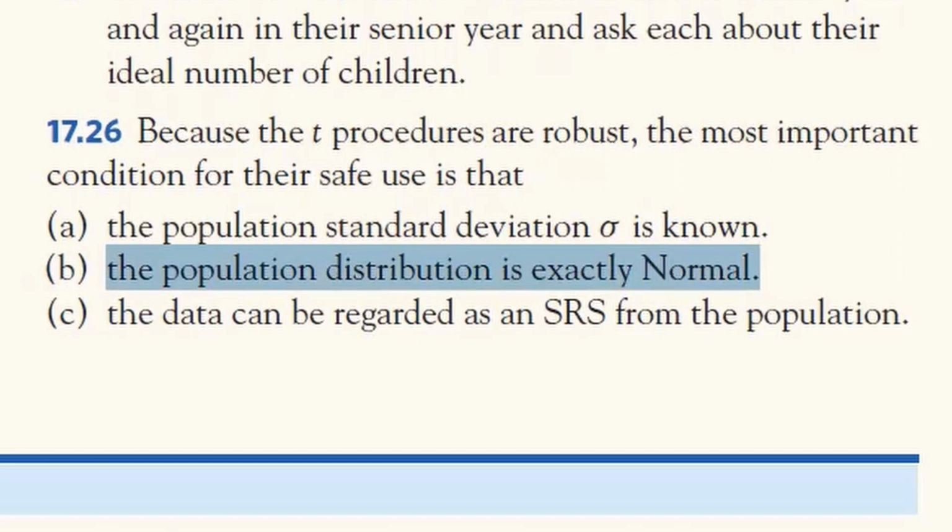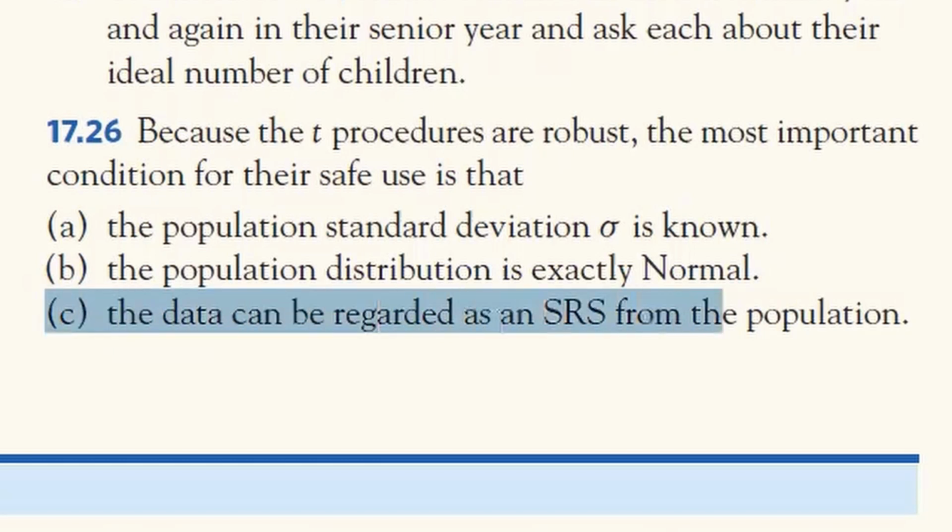Remember, the word robust in statistics means that the assumptions don't have to be exactly met and normality can be sort of, right? But if you have a sample that's not random, then you've biased your data and your conclusions are probably not going to be valid, right?